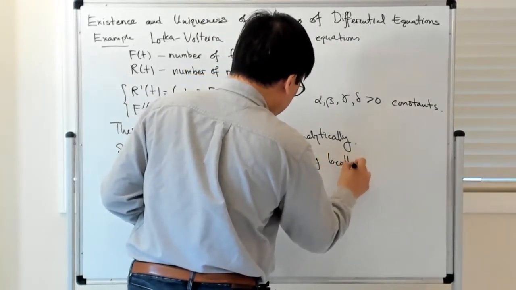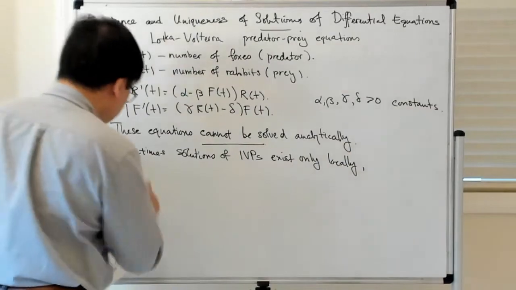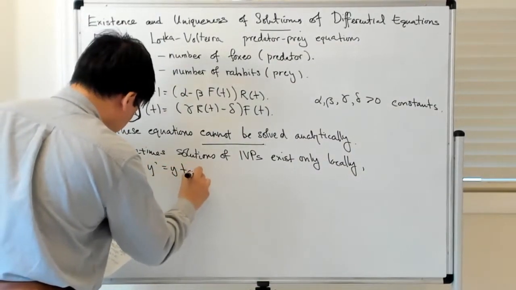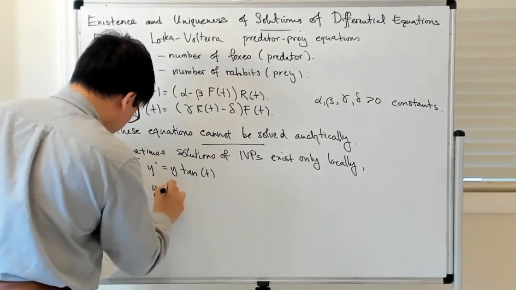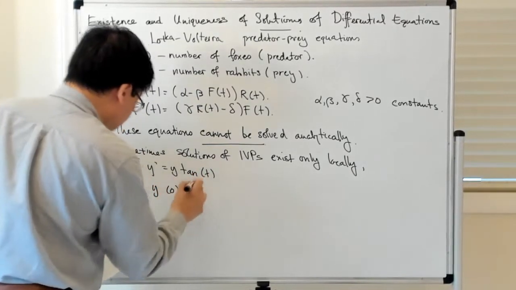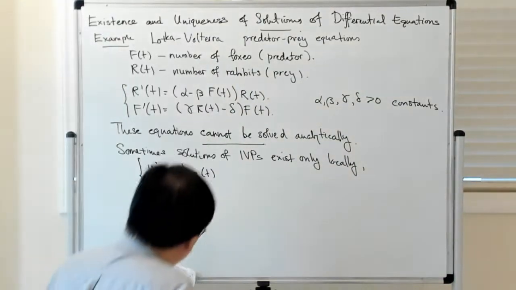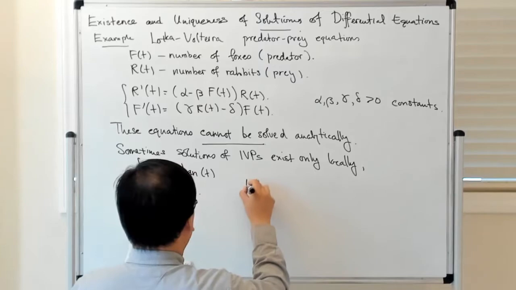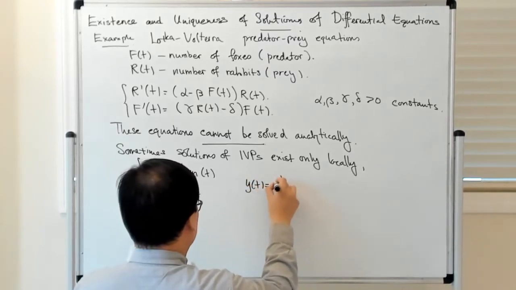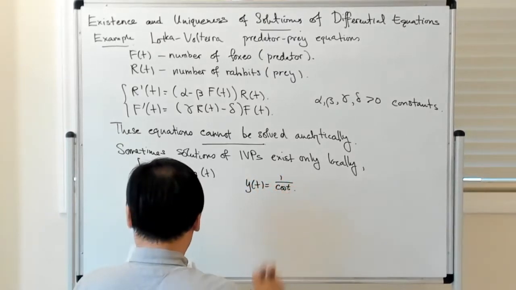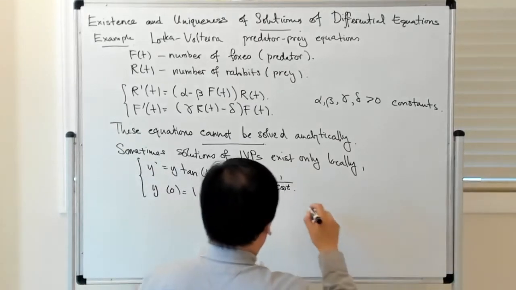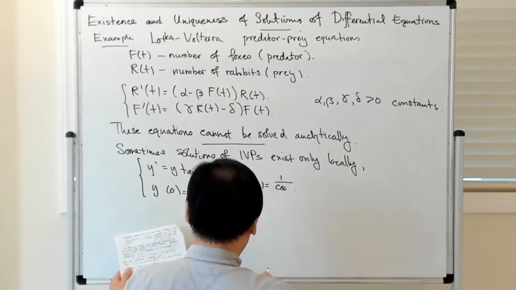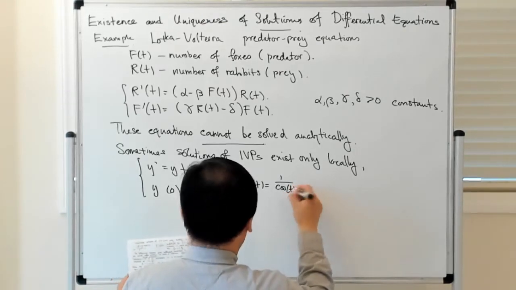So what do I mean by that? Let's consider this equation: y prime is equal to y tangent t, and y at 0 is 1. You can check that one solution of this is y of t equals 1 over cosine of t.